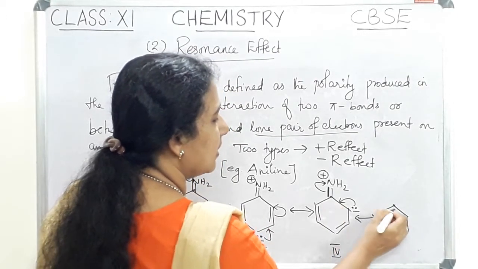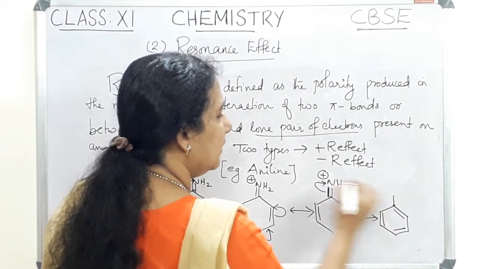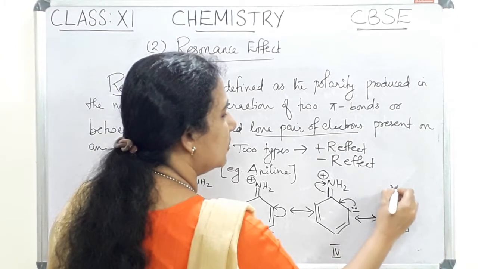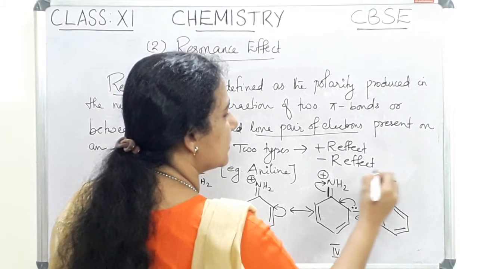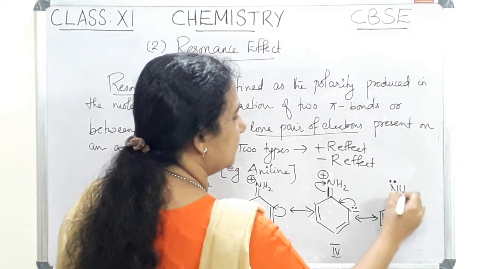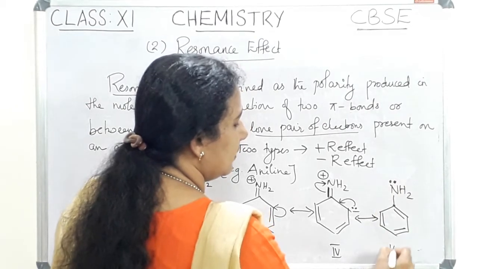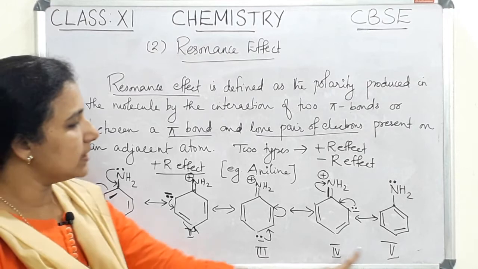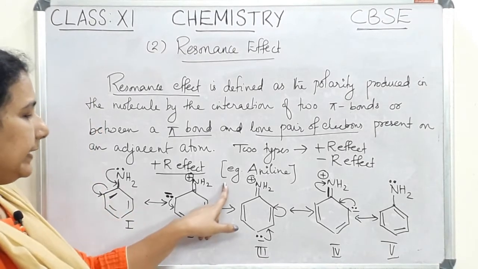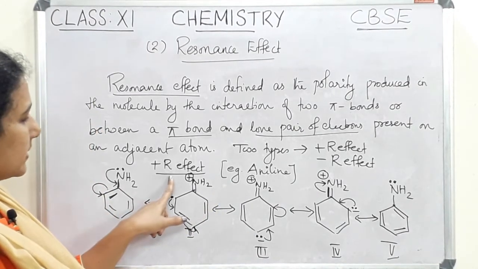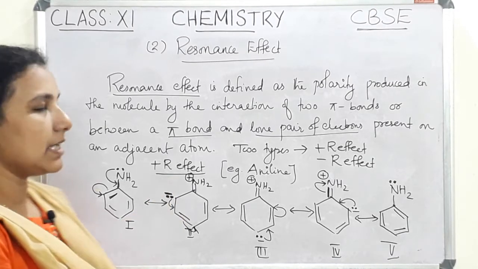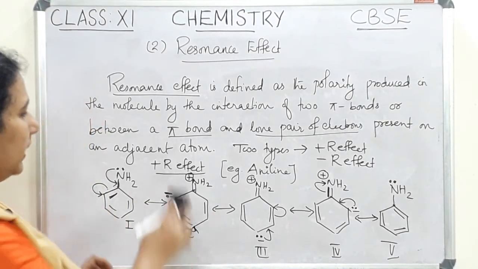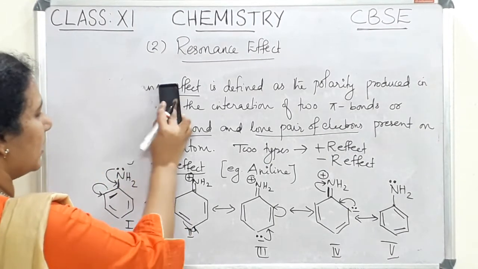Here there is a bond, and here it is a single bond, since one pair is shifted towards nitrogen and nitrogen gets the lone pair. So this is the fifth structure. We can draw 5 resonating structures for aniline. Here we can see it is a plus R effect, or a positive resonance effect. Why is it called a positive resonance effect?